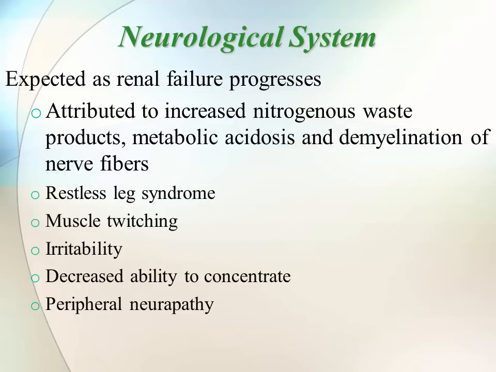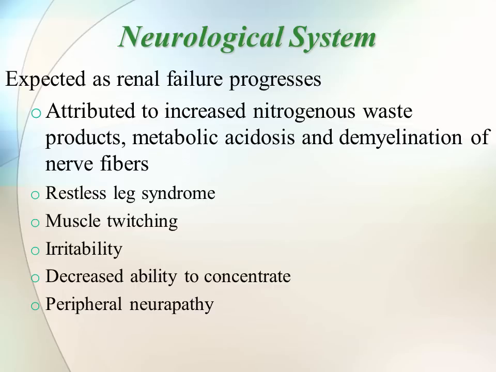Okay, the neurologic system. Acute kidney injury and chronic kidney disease cause the accumulation of waste products and hydrogen ions because they're not being excreted, and they cause metabolic acidosis. All of those things, the waste products and the metabolic acidosis, all the hydrogen that's in there, cause a demyelination of the nerve fibers, and they can cause a decrease in mental functioning.